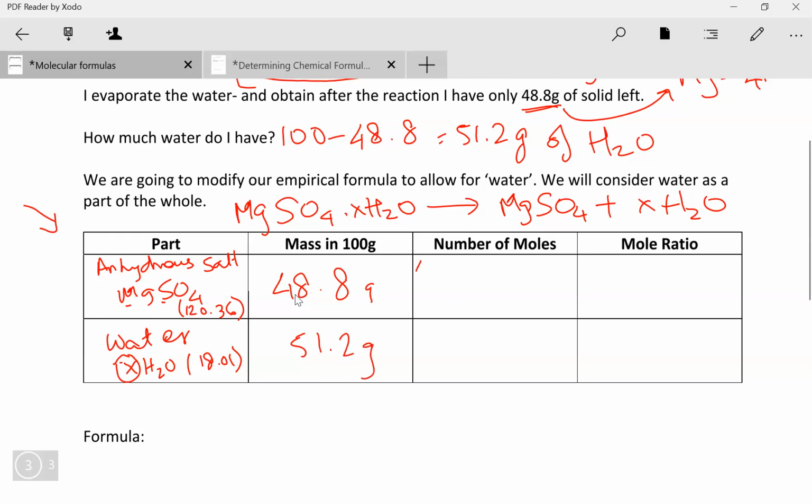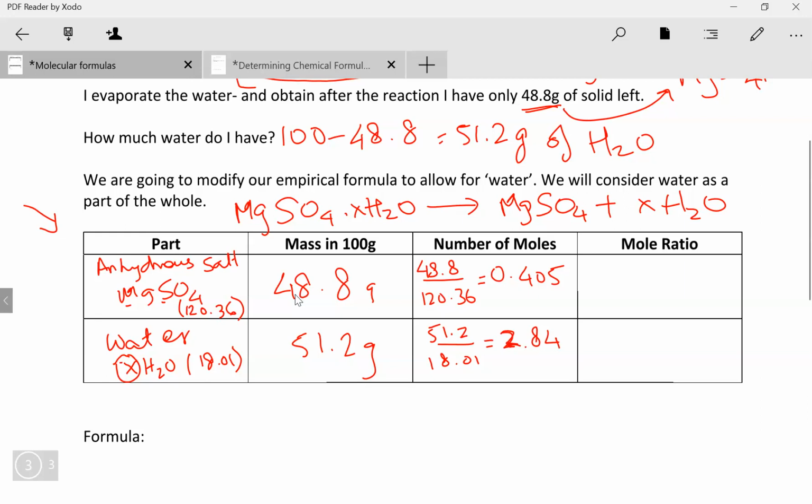We can calculate the number of moles by doing the division. It's 2.84. Now this is our smallest number, so we're going to divide both by 0.405, and we obtain 1 and 7.